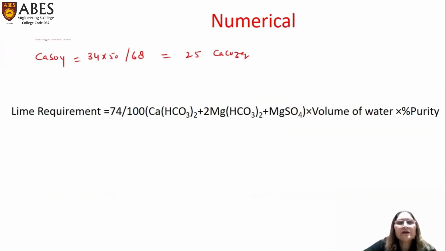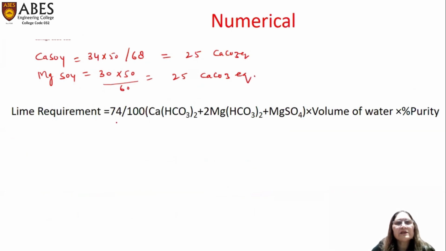Magnesium sulfate 30 ppm. Magnesium sulfate amount is 30 ppm into 50, 50 is the calcium carbonate equivalent weight, divided by 60. That is the magnesium sulfate equivalent weight. And 25 calcium carbonate equivalent.